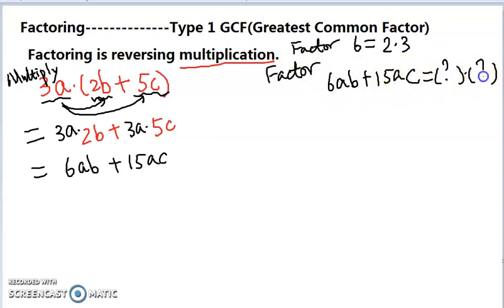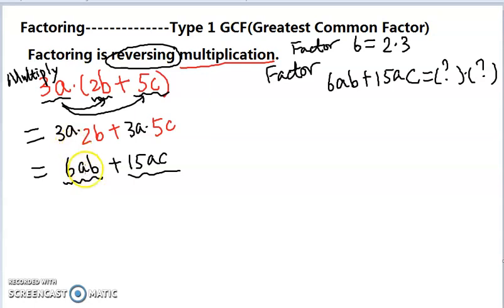We can go back to look at the multiplication question to get some idea to help us do factoring, because again, factoring is reversing multiplication. And notice that the answer 6ab comes from multiplying 3a with 2b, and this 15ac comes from multiplying 3a and 5c.